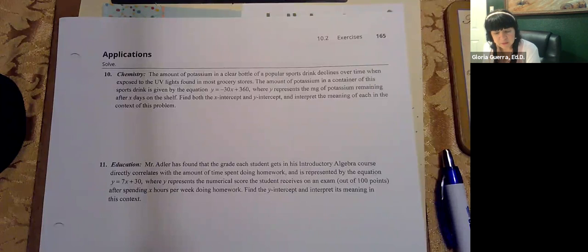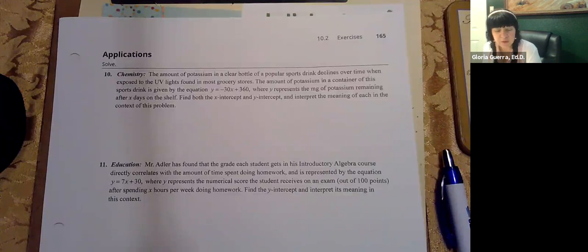The amount of potassium in a container of this sports drink is given by the equation y equals -30x plus 360, where y represents the milligrams (mg) of potassium remaining after x days on the shelf. Find the x-intercept and the y-intercept, and then interpret the meaning of each in the context of this problem.